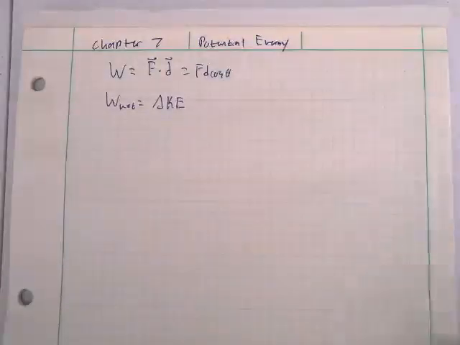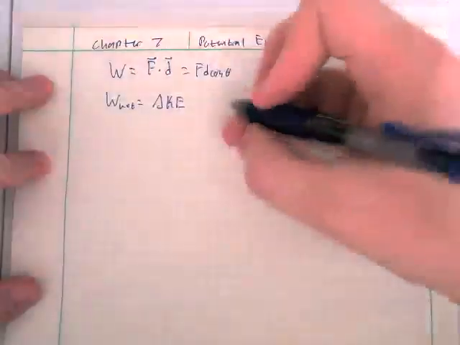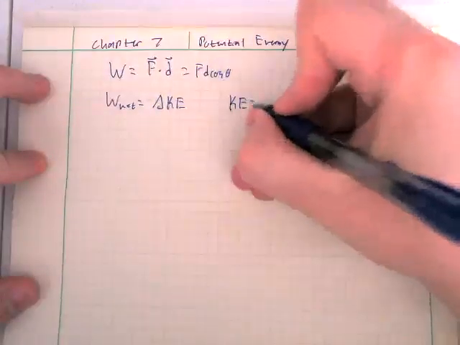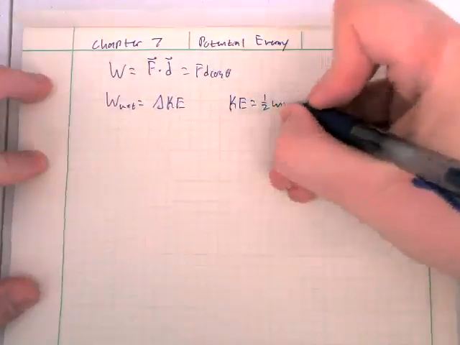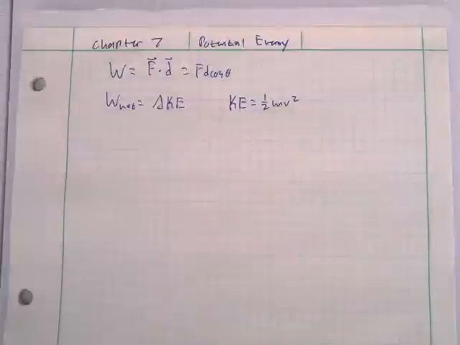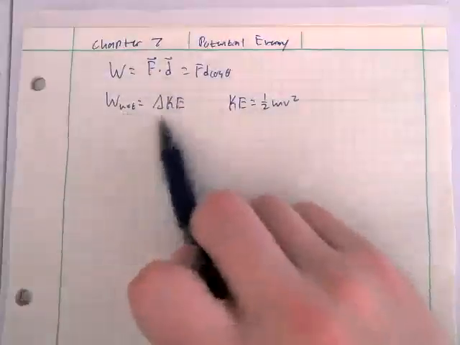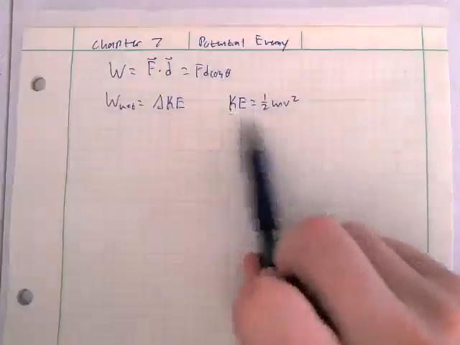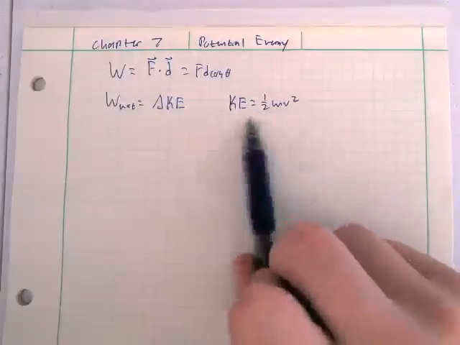We also know the kinetic energy of some object is given by 1/2 mv squared. This is the energy associated with the motion of some object. So if something is already moving, then there is energy associated with that motion. Or if I do work on some object and change its kinetic energy, it means I either sped it up or slowed it down.